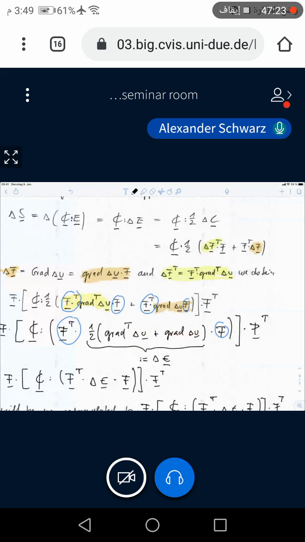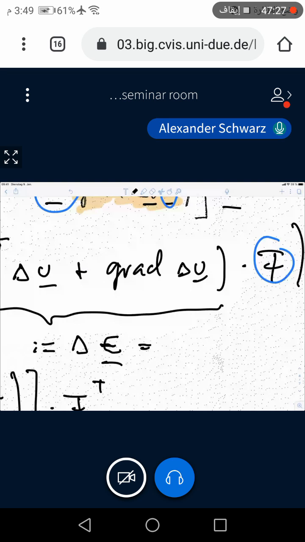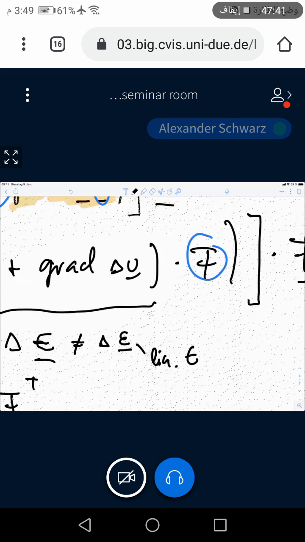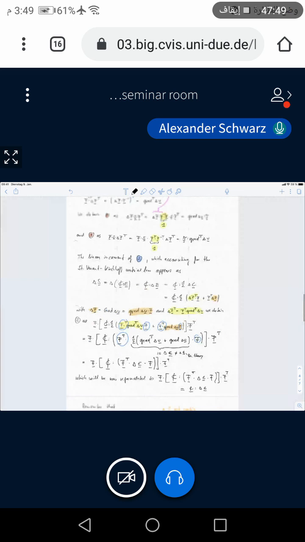Very important, I do write it here. This is not the same as that. It's not the same. This is linear. And we make nonlinear theory. It looks similar, but it's of course not the same.